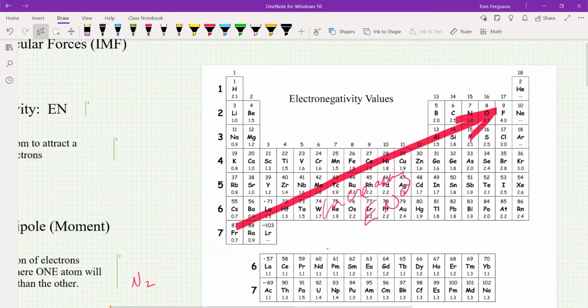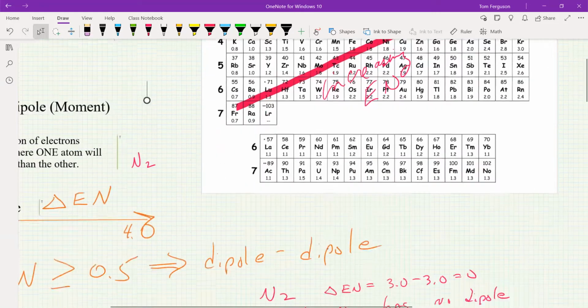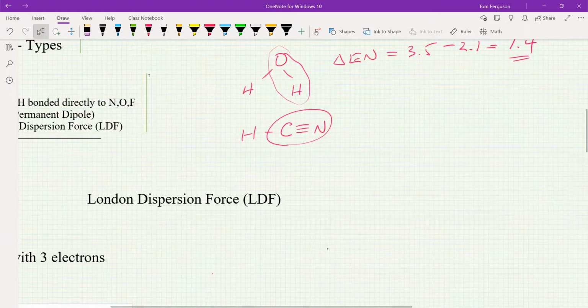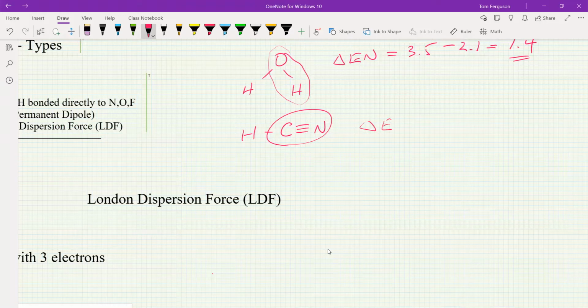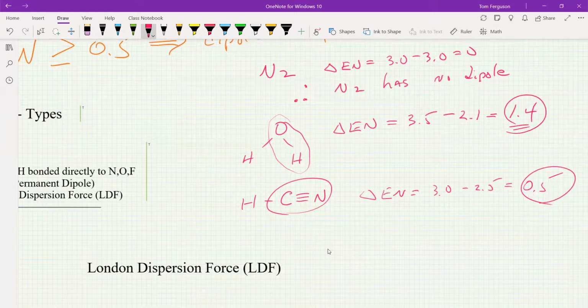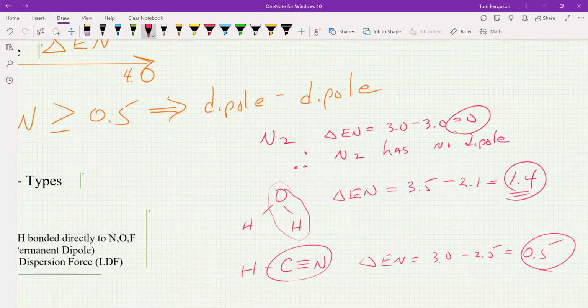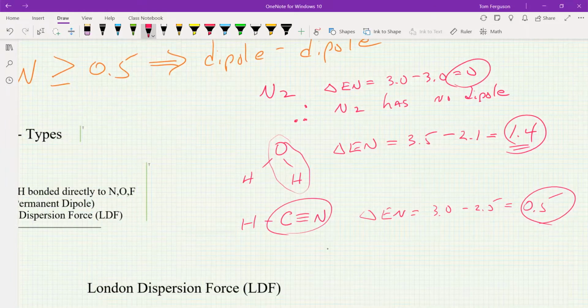Carbon's got 2.5, nitrogen's got 3.0. So these molecules have a very different set of electronegativity differences.